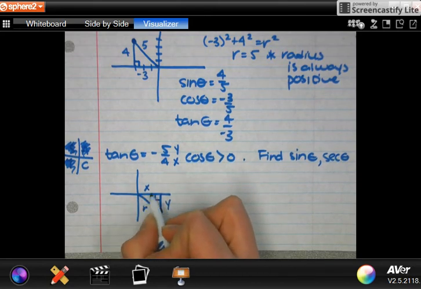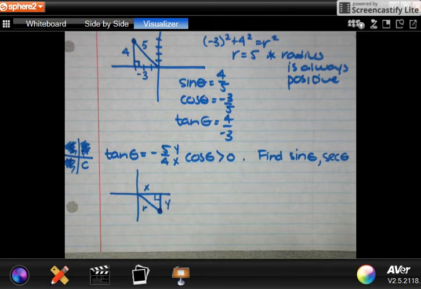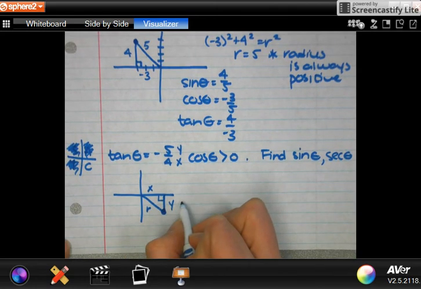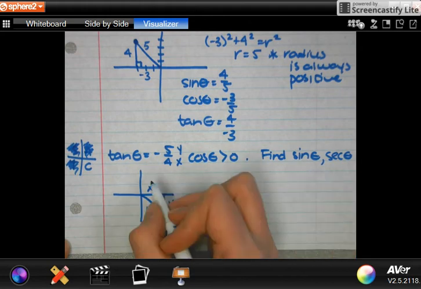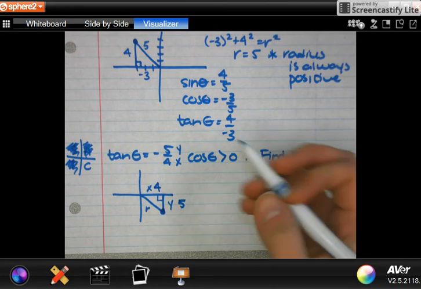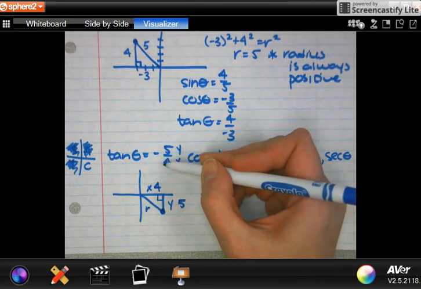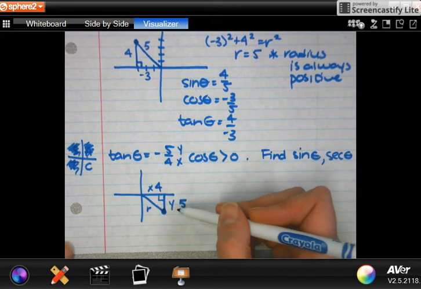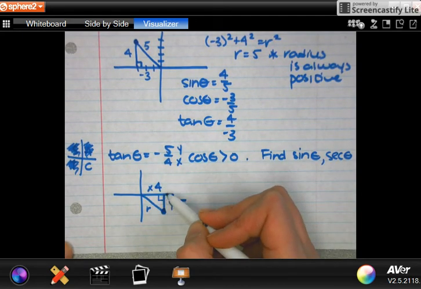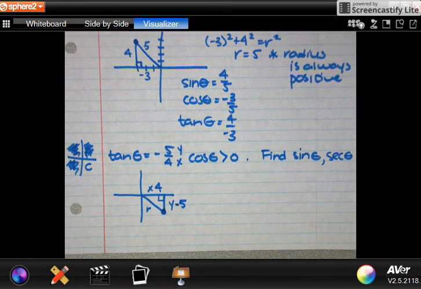That's traveling in the x direction, the y direction, and then there's r, the radius. So y is going to be 5, and 4 is going to be my x. Now you just want to think about, should that negative go with the 5 or the 4? Because I'm in quadrant 4, x is going to be positive and y is going to be negative. So from there, I know that I need to assign the y to be a negative 5.